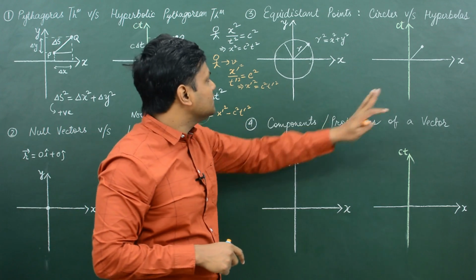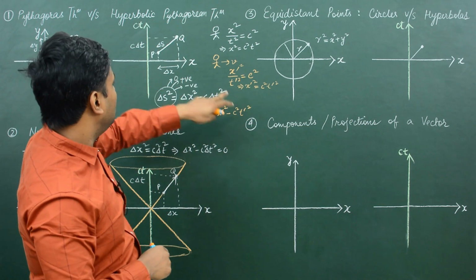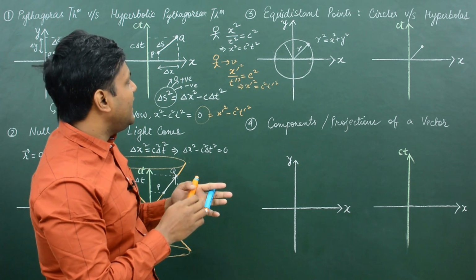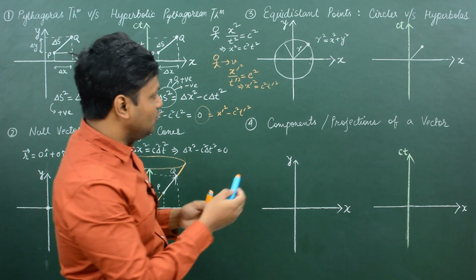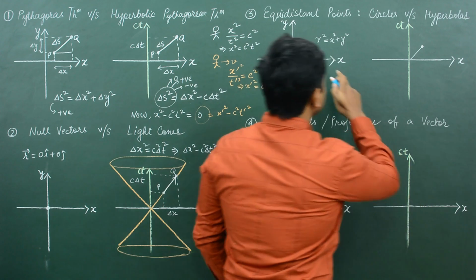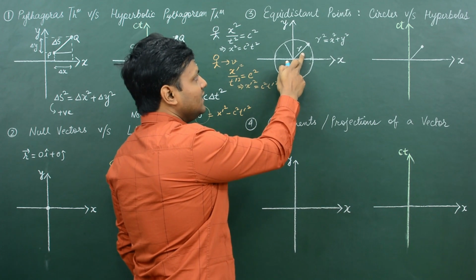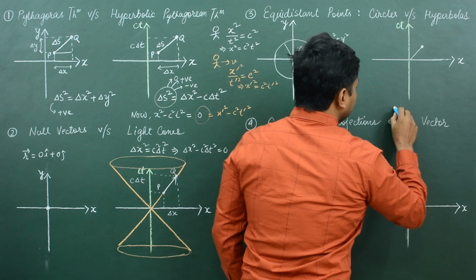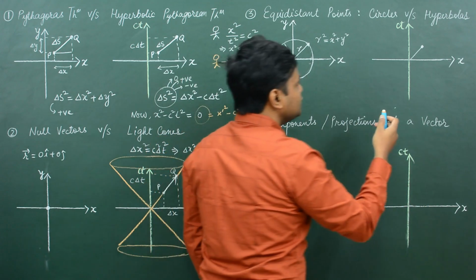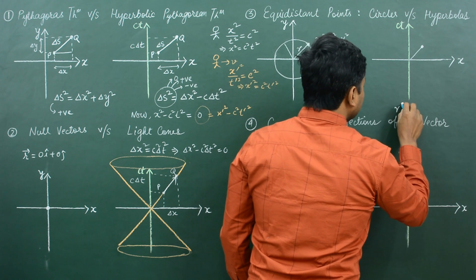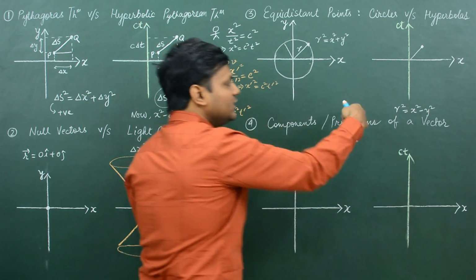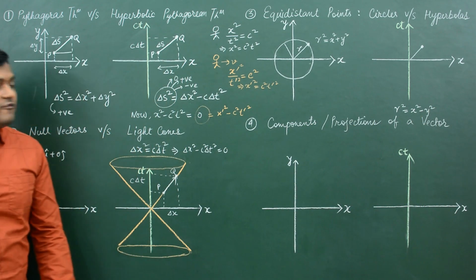In Minkowski space-time, we have the hyperbolic Pythagorean theorem, which is nothing but s square is equal to x square minus y square. So, in the hyperbolic Pythagorean theorem, let's suppose I am specifying the distance of the origin and the point as r square is equal to x square minus y square. It's not a radius, of course. There's a negative sign here. What is this equation? This is the equation of a hyperbola.